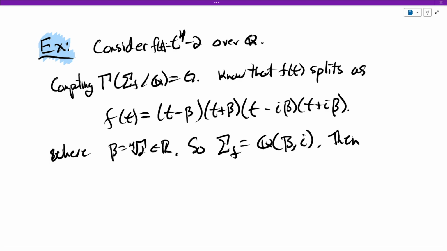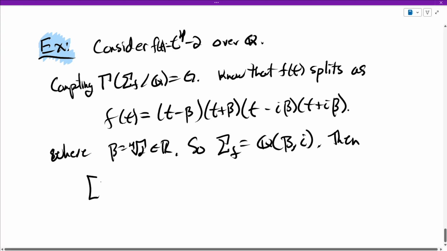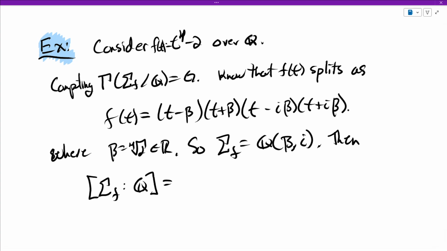Okay, so that's what our splitting field is. Then when we're going to try to reason what the Galois group is, we're going to want to know its size. So we want to know the degree of the extension. The degree of the extension sigma f over Q is of course going to be what? Well, we add in a fourth root of 2, which has degree 4. When we add in the real fourth root of 2, we don't have access to i. So then we add in i, that has degree 2. So this is going to be an 8, but let's do it in steps.